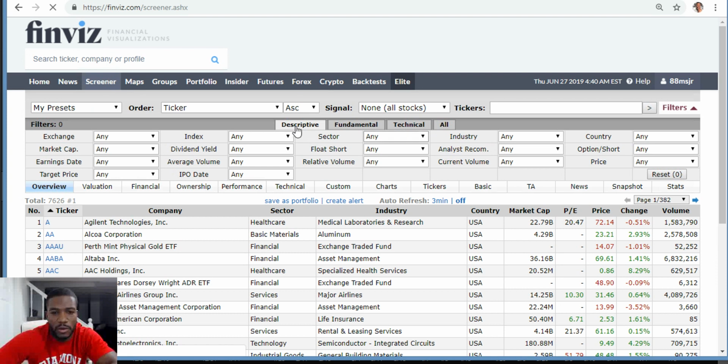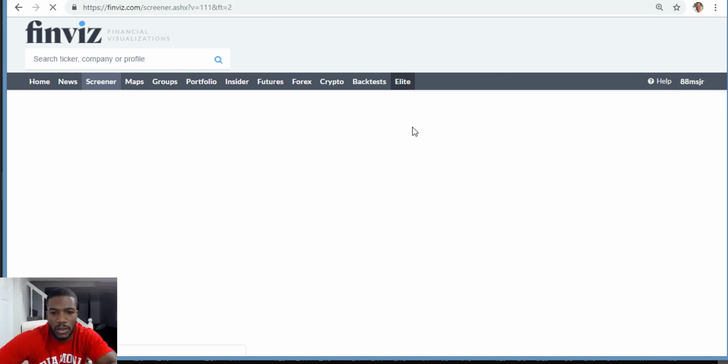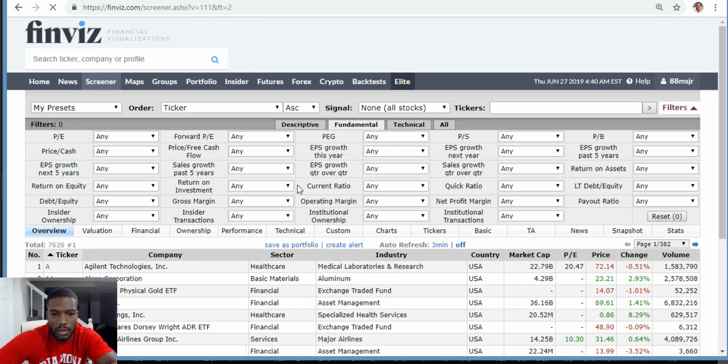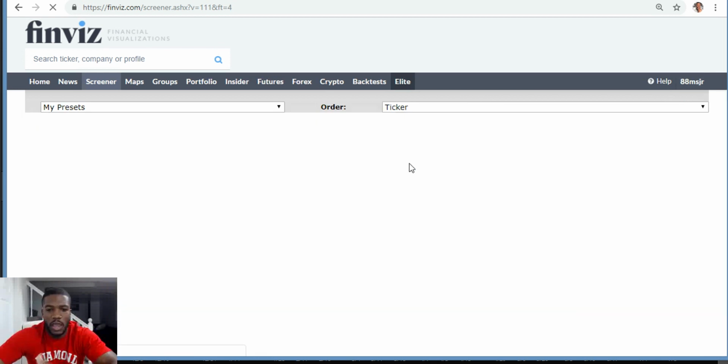They got like descriptive details you could use, fundamentals. You can set up like your own fundamental criteria for what to scan for. See here, you got technical, and you also could just go to all, and it gives you everything.